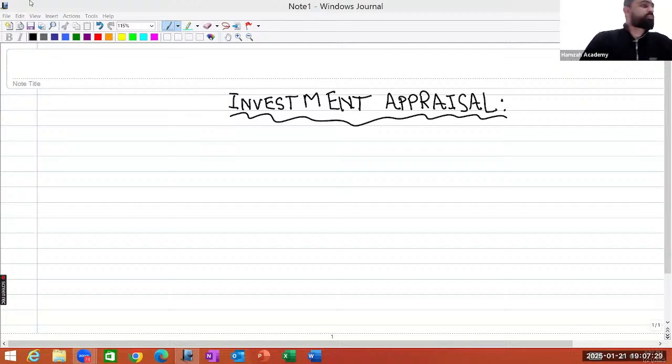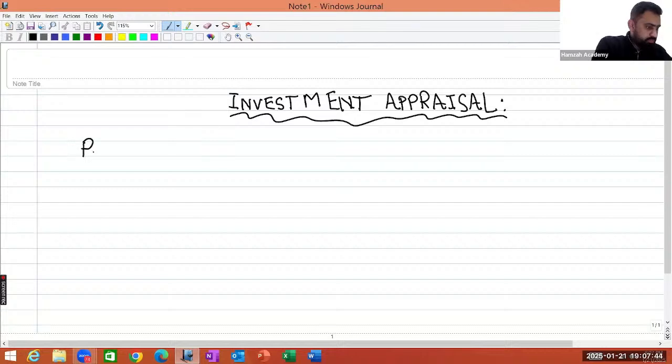So the next investment appraisal method is a payback period. Payback period.